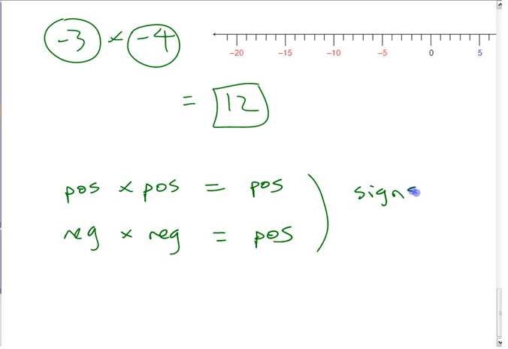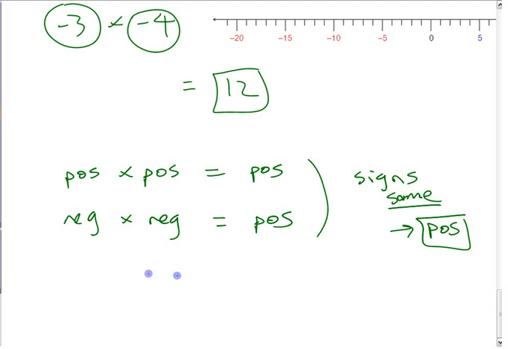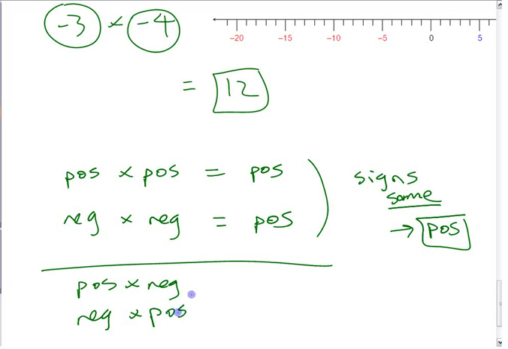This is a way to simplify this. So if the signs are the same, the answer is positive. Whereas if you have positive times negative, or negative times a positive, that gives you a negative. Okay? What am I going to write here?